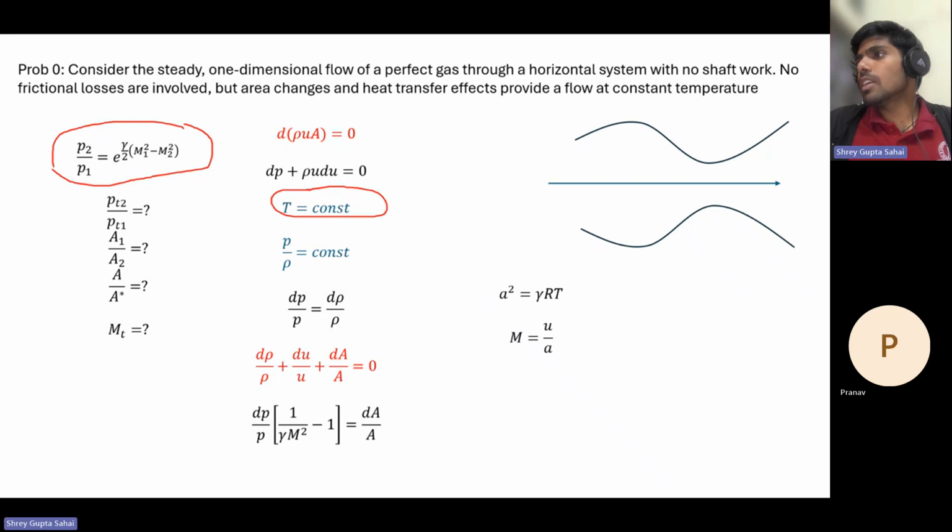And we have also used the green equation, so we substituted du using this green equation, isn't it? So that is also okay.